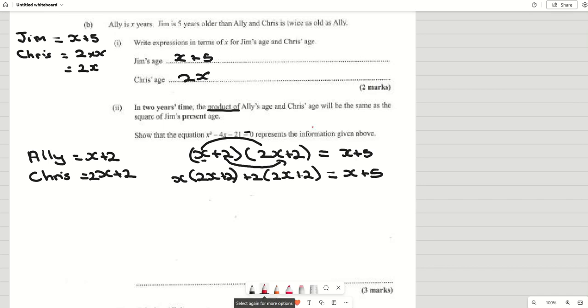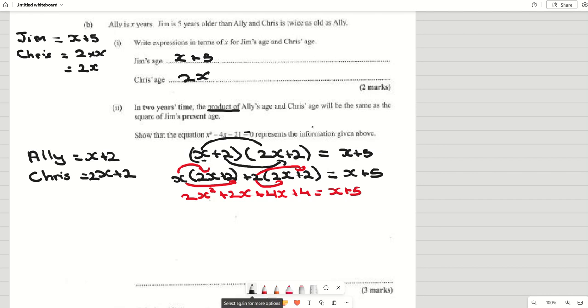Now we multiply. X by 2x is 2x squared. X by 2 is plus 2x. 2 by 2x is plus 4x. And 2 by 2 is plus 4, is equal to x plus 5.